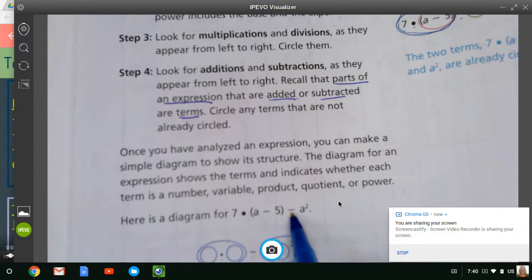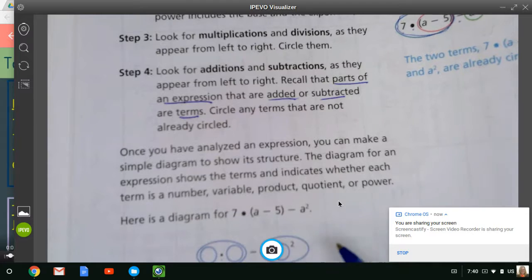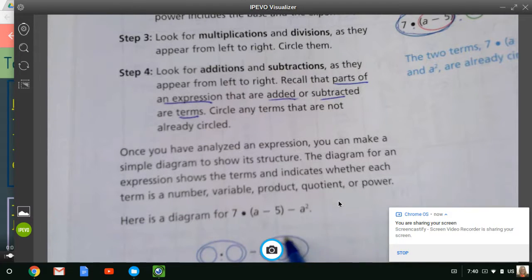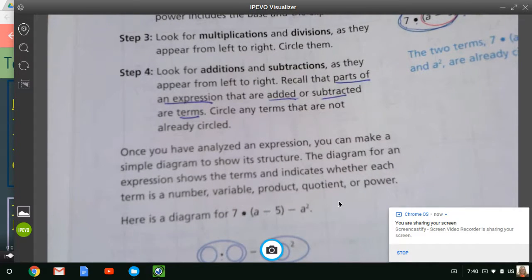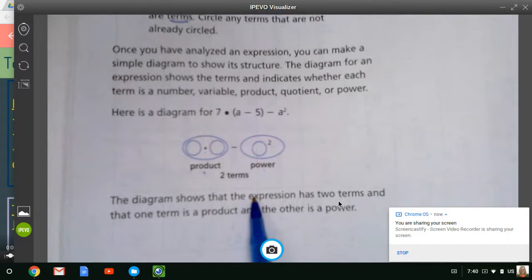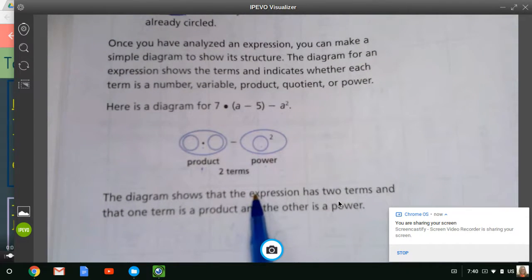And that's going to be subtracting or minusing, right? Your power. So here we had whatever the A is going to be, the value. What we really want to focus on is that you have a product minus a power, and this is actually two terms. The diagram shows that the expression has two terms, and that one term is a product and the other is a power. Okay.